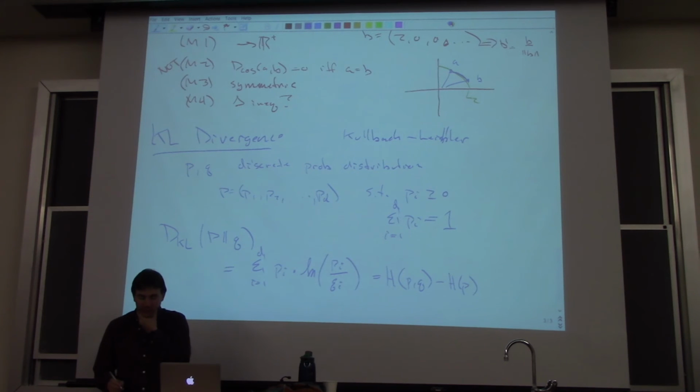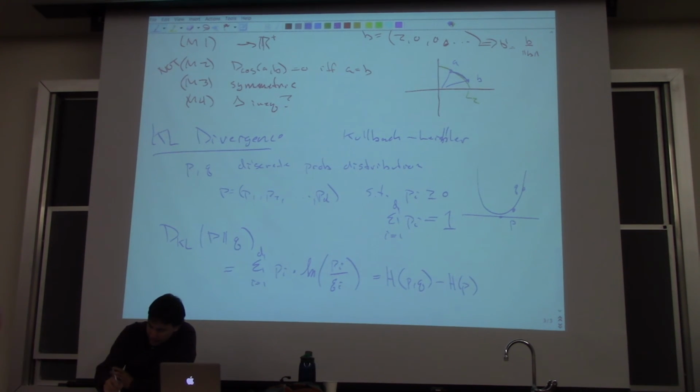With all of these divergences, there's some form of underlying parabola that you work with. If this is P and this is Q, let me try and draw this again.